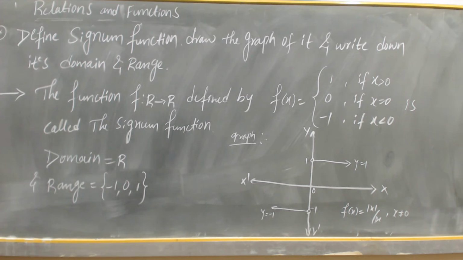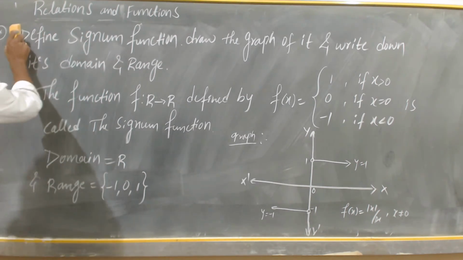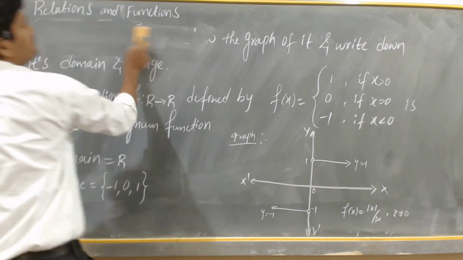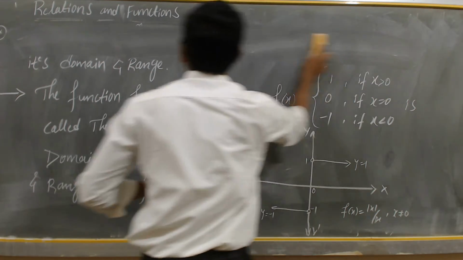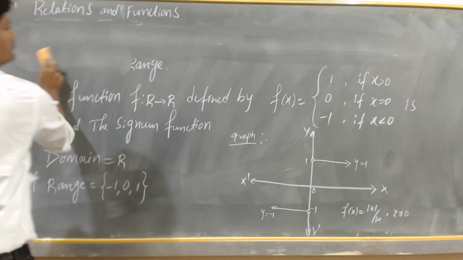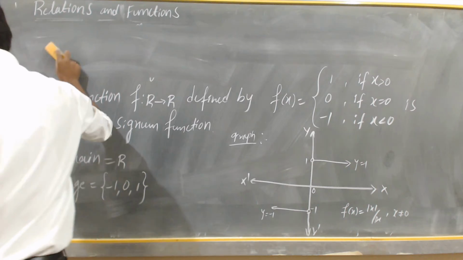Okay. Now the last very important concept is the greatest integer function. Now dear students, the last concept of the relation and function chapter. Now I will write that one. So very important.